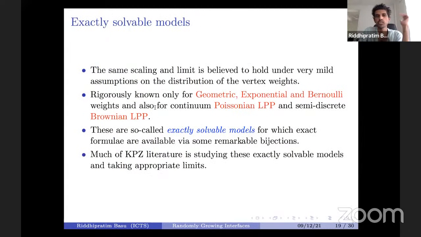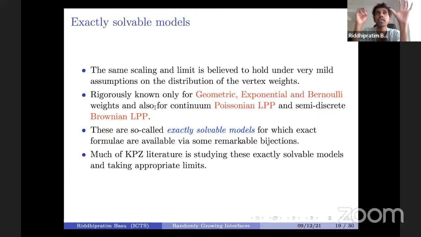Okay. Under very mild conditions, so we have assumed exponential, but under very mild conditions, some sufficiently fast tail decay and something like that, you believe that you see this scaling and this limit.